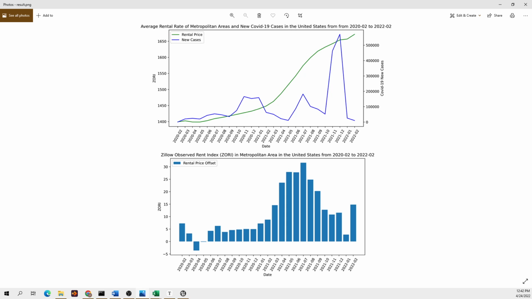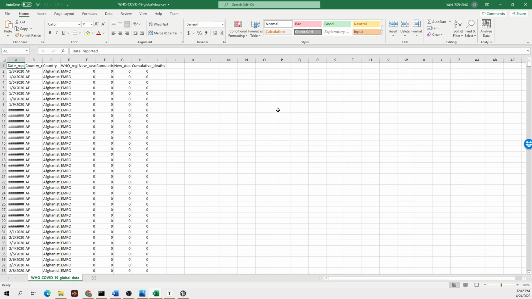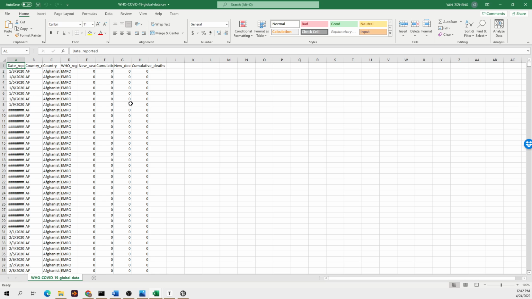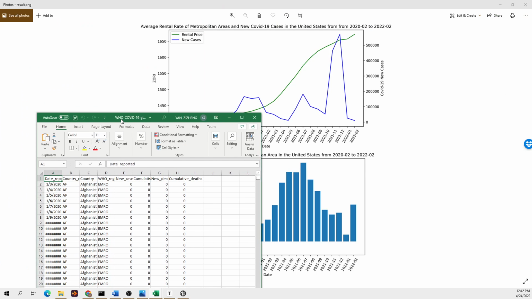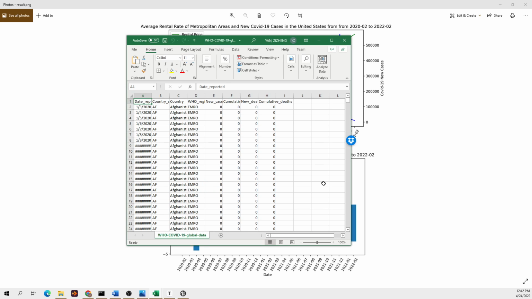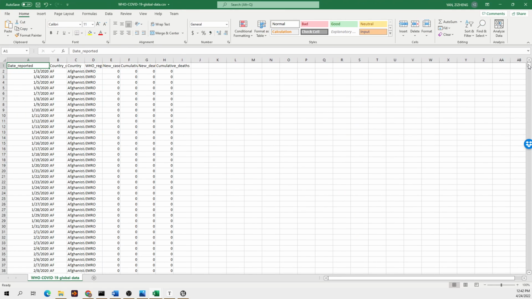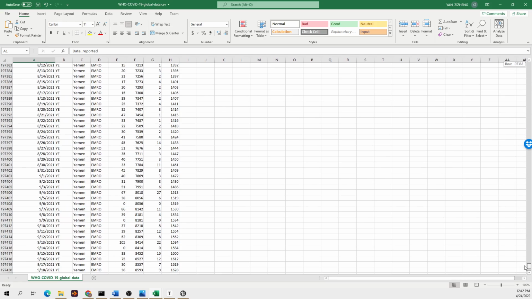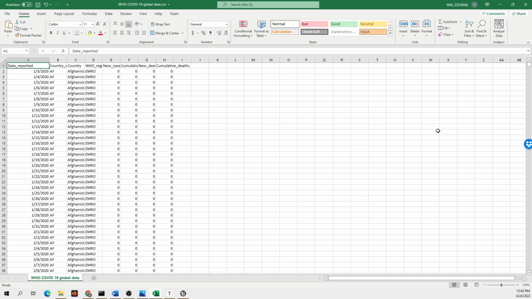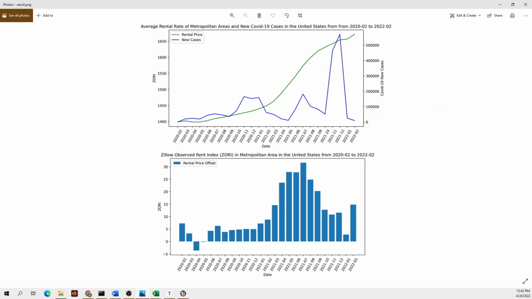The COVID-19 data is from the WHO, the World Health Organization, and it has a lot of data for every day. I took a lot of time to do the data cleaning, and only kept the US data.